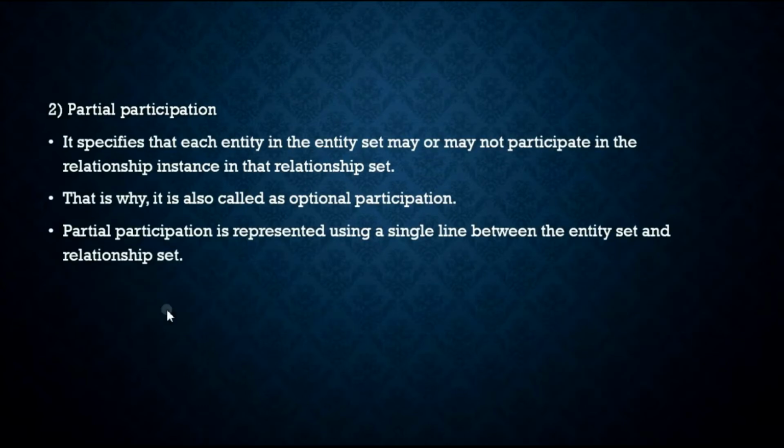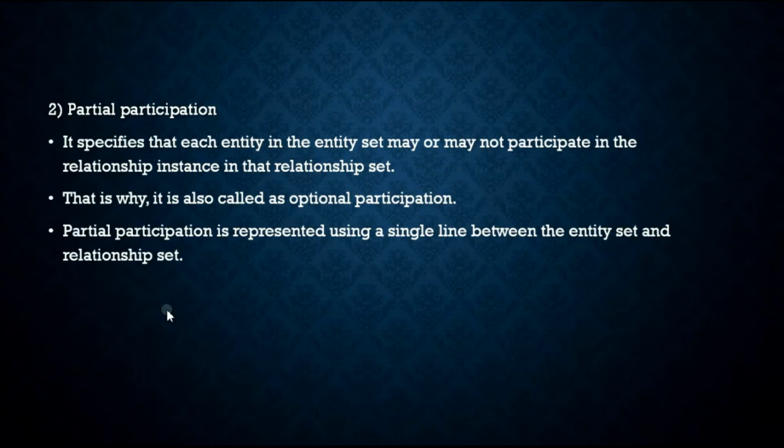Secondly, we have partial participation. This states that an entity may or may not participate in the relationship instance. Here it is not mandatory for every entity in that particular set to be involved in a relationship instance, unlike total participation. Because of this, partial participation is also known as optional participation.